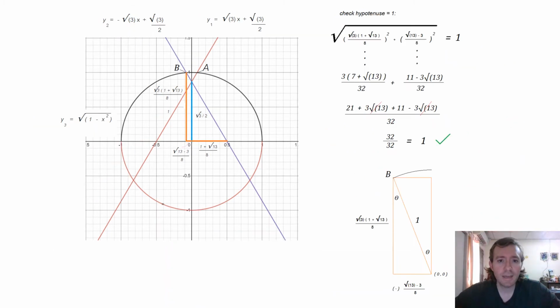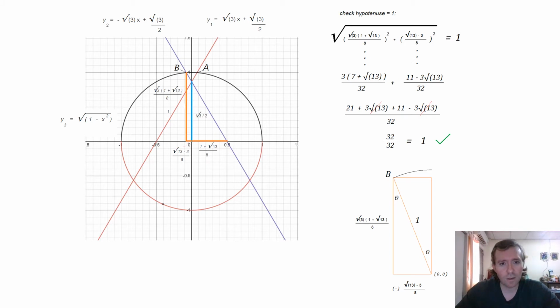Then we can check that those points are correct, because since we're using the unit circle, they need to be the hypotenuse of the right triangle constructed by using the x-coordinate as the base leg and the y-coordinate as the y leg of a right triangle. You should get 1 as the hypotenuse, and in fact that's what we get.